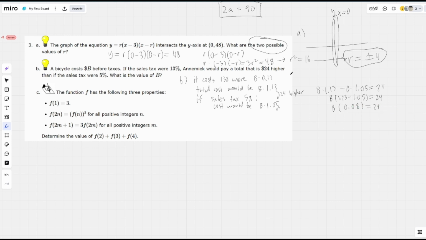And then we can divide both sides by 0.08. So B equals 24 over 0.08, and that is easy. You just evaluate that. That's equal to 300. So it's 300.